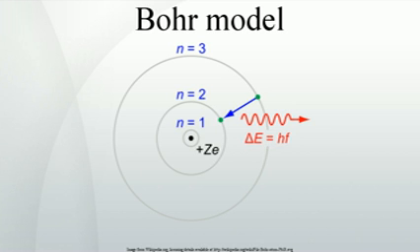Using the derived formula for the different energy levels of hydrogen, one may determine the wavelengths of light that a hydrogen atom can emit. The energy of a photon emitted by a hydrogen atom is given by the difference of two hydrogen energy levels, where n_f is the final energy level, and n_i is the initial energy level.